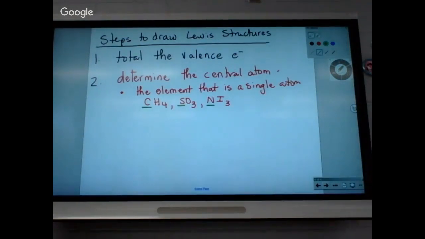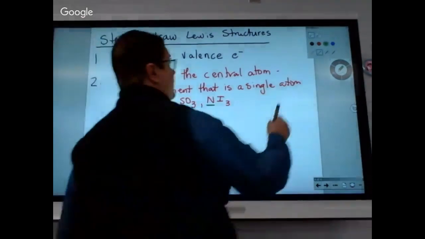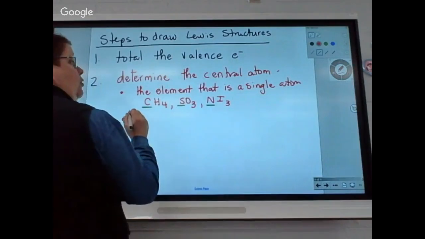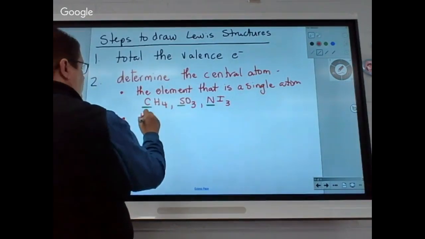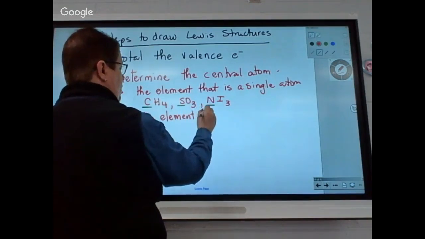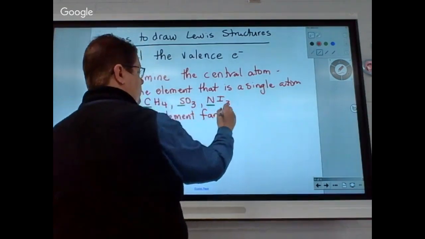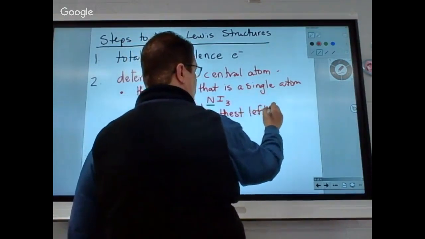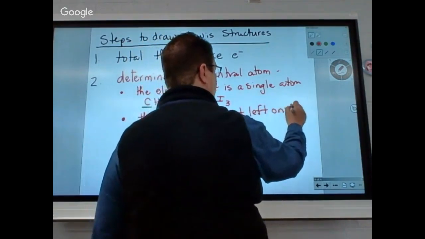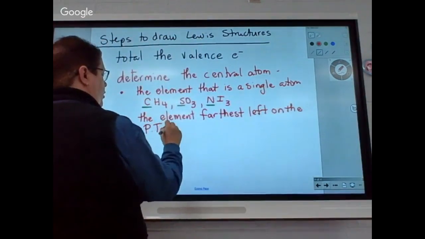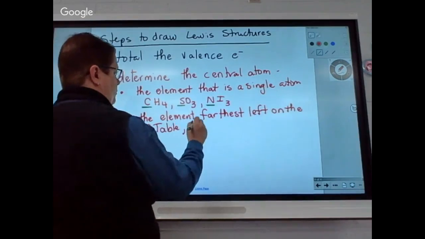But will we always have something that's the single atom? The answer is no. So you can also say the element farthest left on the periodic table, but who's the exception?